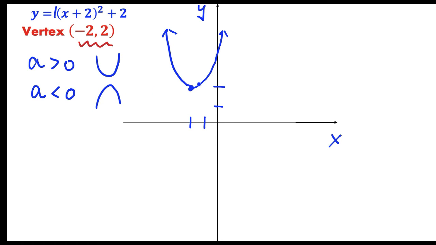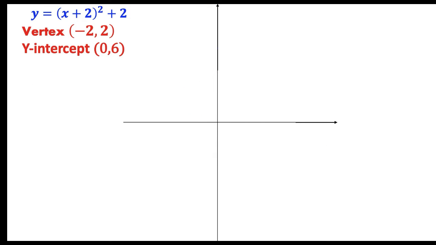So if you make some mistake, you will know you made a mistake already based on these terms. A bigger than 0, facing up; a less than 0, facing down.